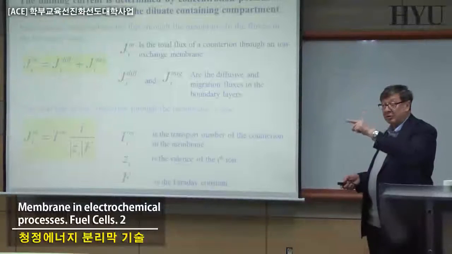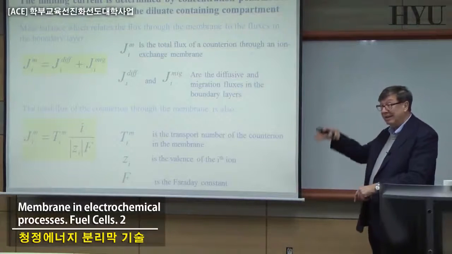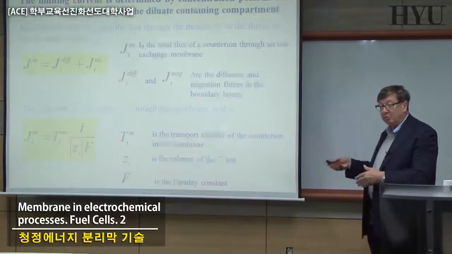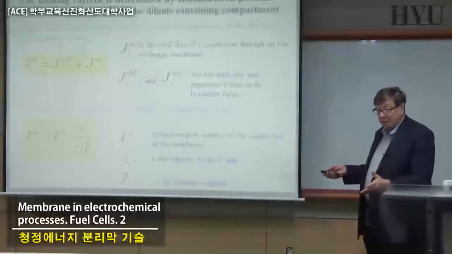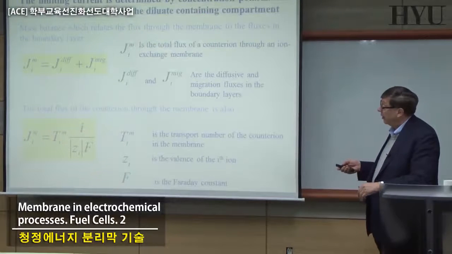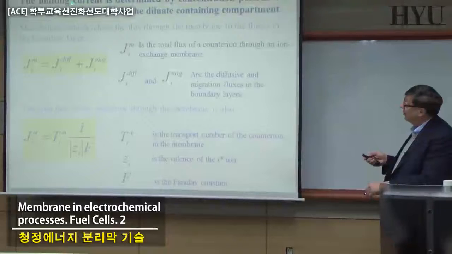So you have a depletion and a decrease of the concentration at the interface, which means an increase of the resistance, because in this solution current is transported by the ions. If there are no ions, no current. So you have a limiting effect here. That is the situation that we have at the origin of this kind of phenomena.